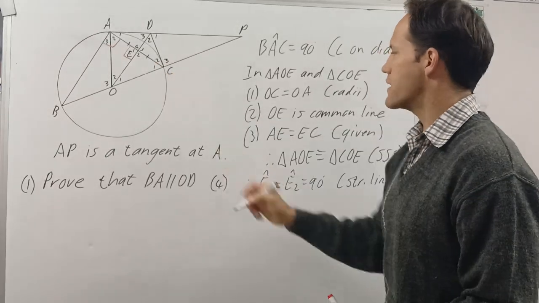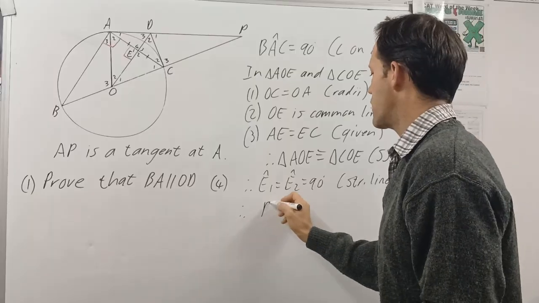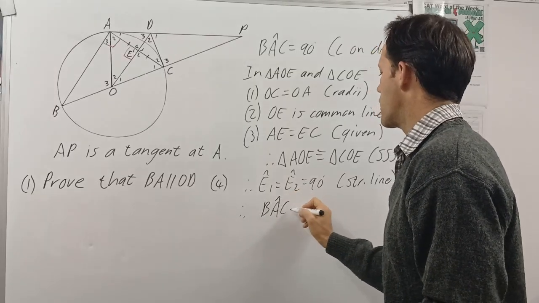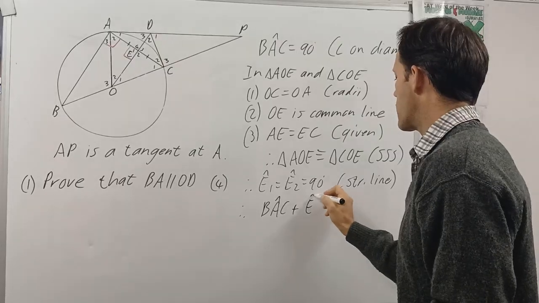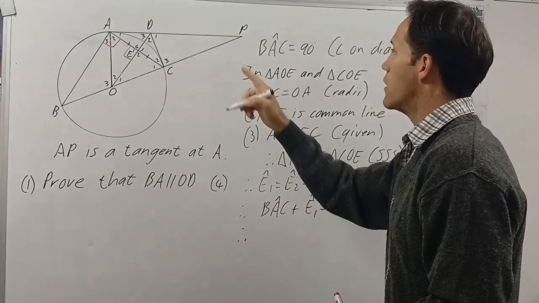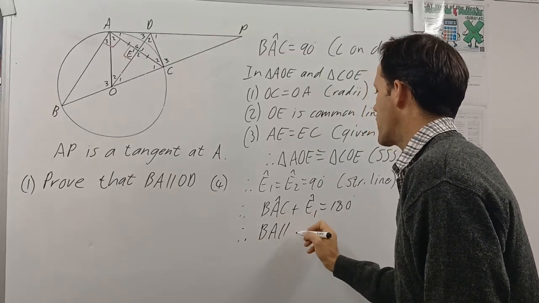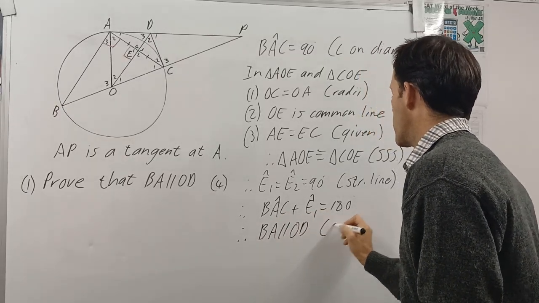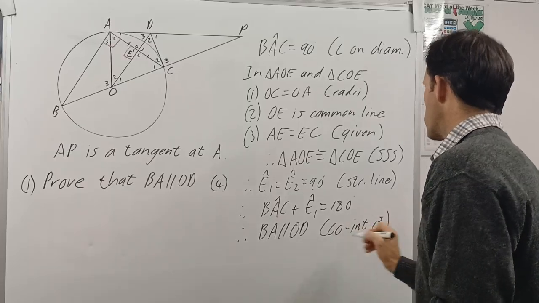So then we can say therefore BAC plus E1 is equal to 180, and therefore AB or BA is parallel to OD, and our reason is co-interior angles.